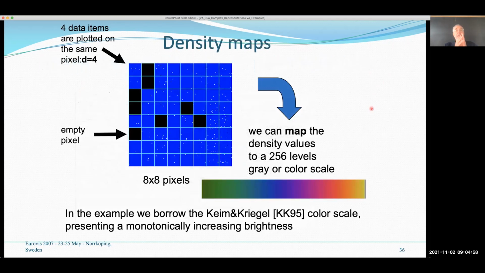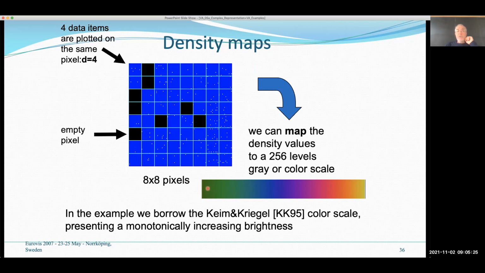And there is a well-known solution that is called a density map, in which you take these densities, 4, 1, 1, 0, 10, 14, whatever they are, to a color scale. And we have a nice color scale because it is at least designed in order to produce an increasing perception of brightness.